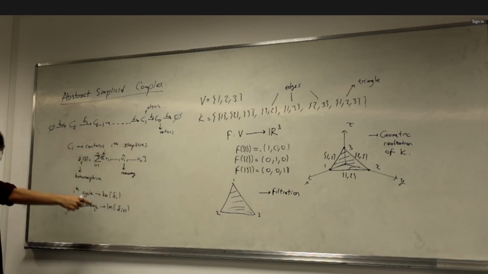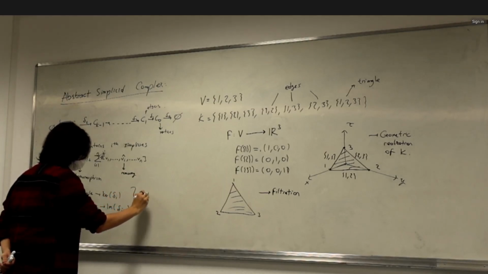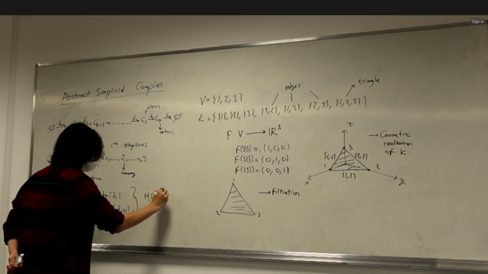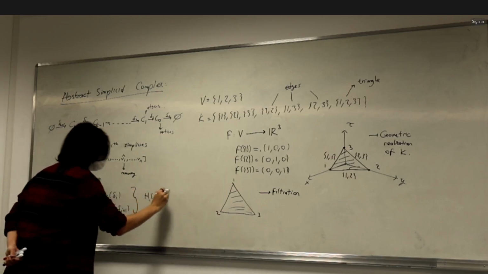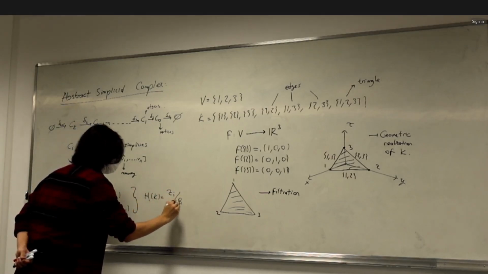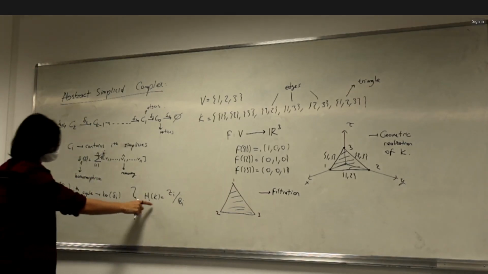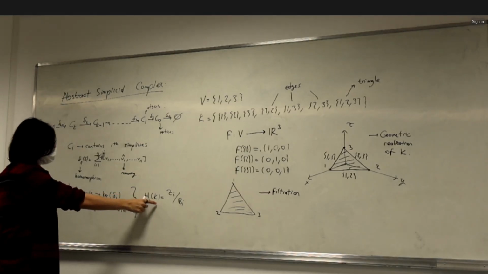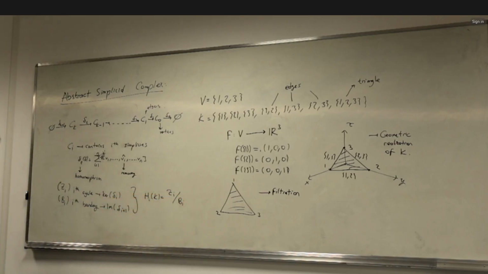Since this is a normal subgroup, we can define the ith homology of K, where this is denoted Zi and this is denoted Bi, just the quotient group Zi divided by Bi. This means that this homology has the equivalence classes such that something is a cycle but not a boundary.